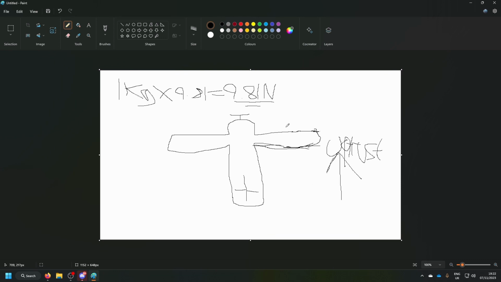It should really be going out of the page, but I'm not going to draw that. So the equation that we're going to use to calculate our upthrust: we need 9.81 newtons, and we need to figure out how fast we want to go to get 9.81 newtons.